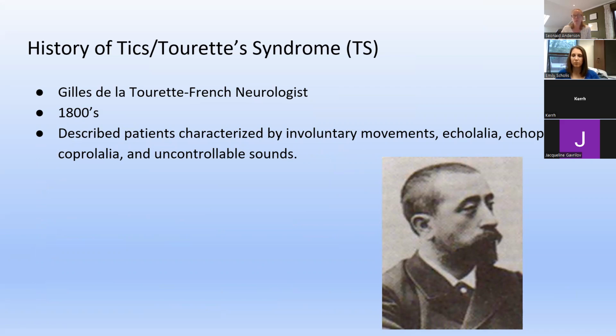For those who don't know, echolalia is the repetition of speech, echopraxia is the repetition of gestures, and coprolalia is the utterance of swear words, etc., and uncontrollable sounds. These were the first notes that he took around patients that he was seeing with tics. Next slide, please.